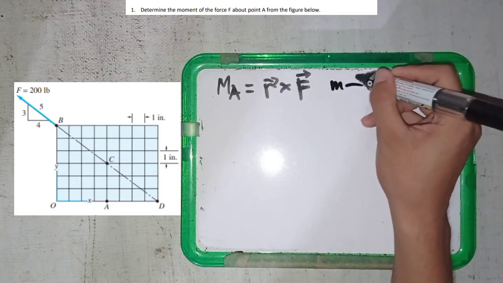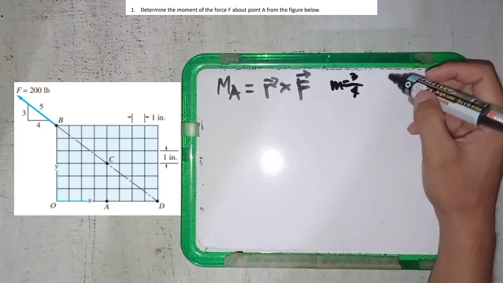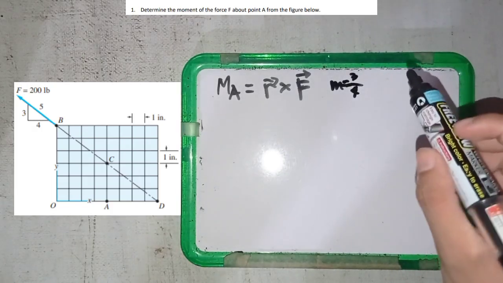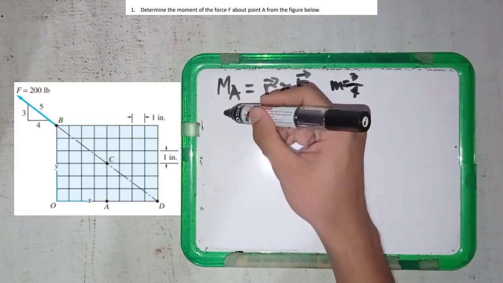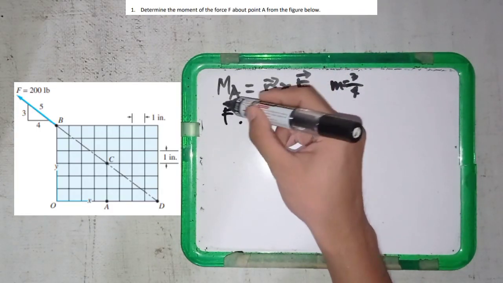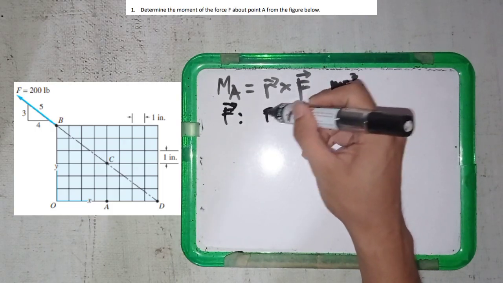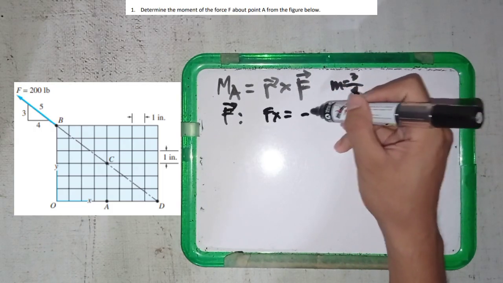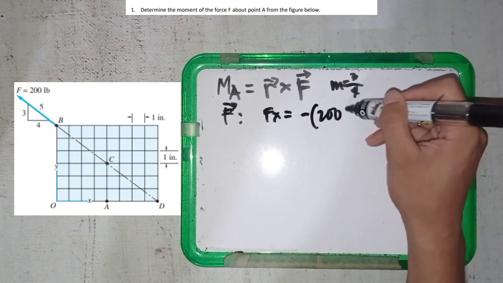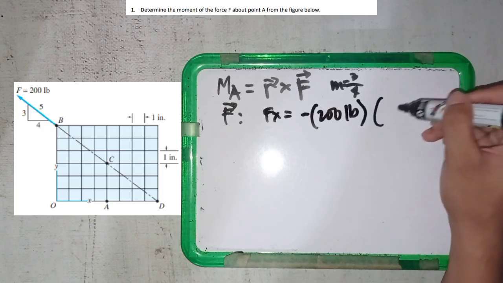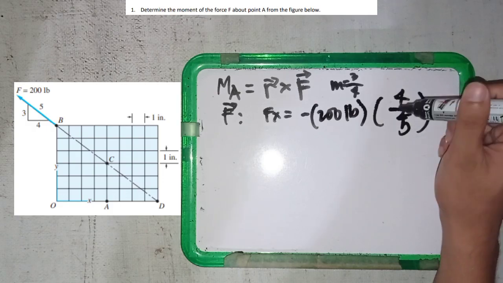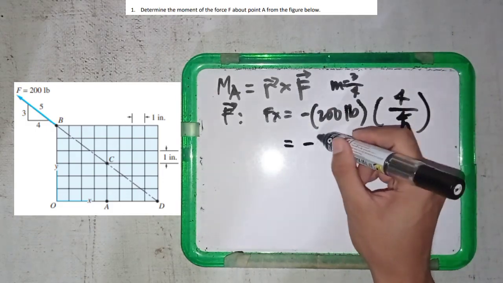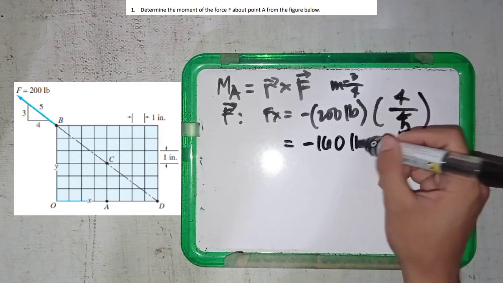Next, we're going to find the components of force F. F of x is equal to negative 200 pounds times 4 over 5, and what we have here is negative 160 pounds.